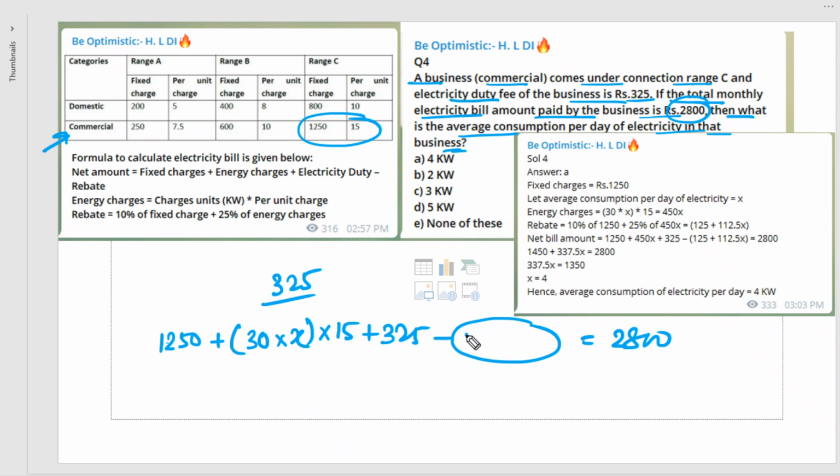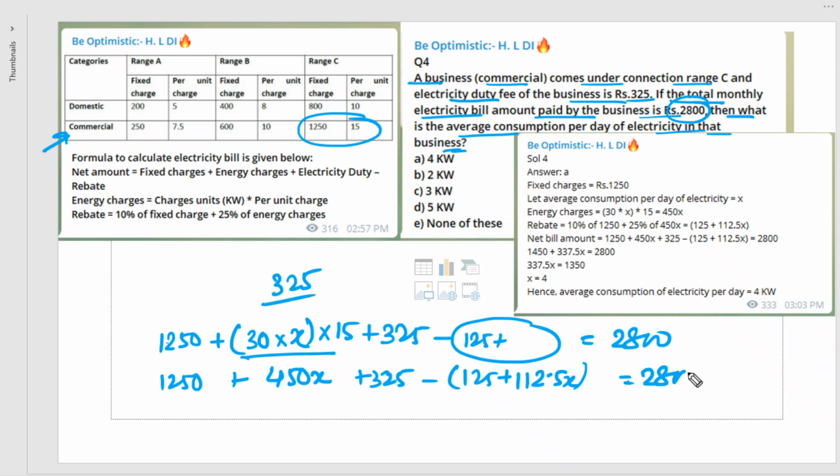10% of 1250 is 5. So 30 into X into 15 is equal to 450x, right? And 25% of this is how much? That is 112.5x, right?